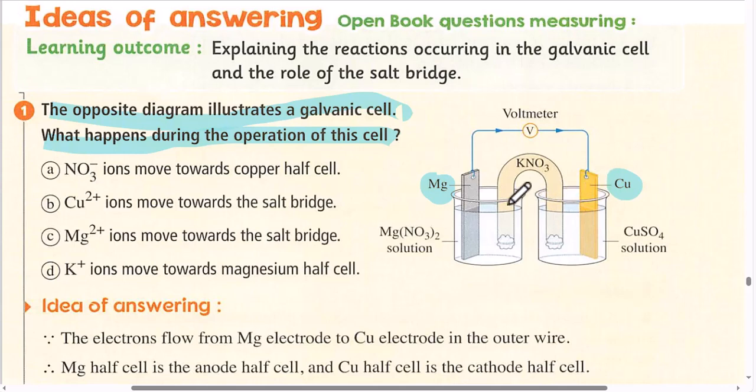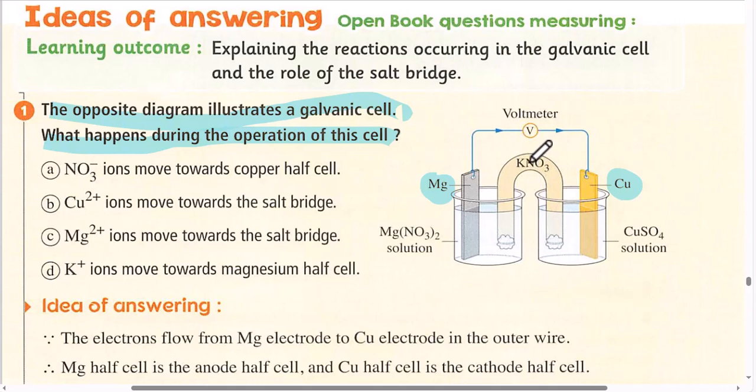So magnesium ions increase here and attract negative ions, and here copper is reduced and deposited on the copper electrode. So here sulfate anion will be in excess. So here magnesium positive 2 is in excess, and here sulfate ion increases above the normal level.